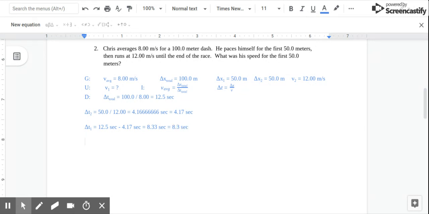The last thing I have to do to get speed is divide distance by time. So V1 is going to be distance, 50.0 meters, divided by the 8.3 seconds.